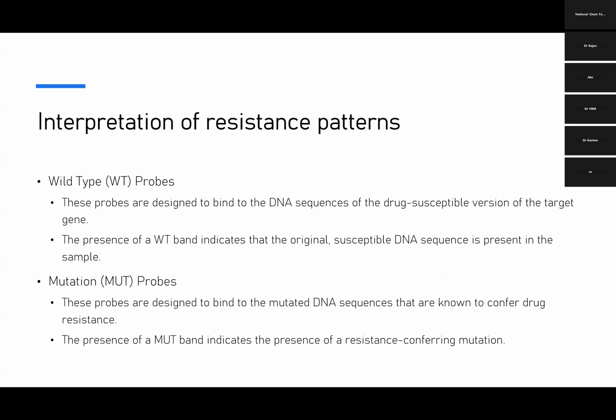Now, mutation probes are designed to bind to the mutated DNA sequences that are known to confer drug resistance. So if the MUT band is present, it indicates that the resistance-conferring mutation is present. So if WT probes are present, it means that it is sensitive, and if the MUT probes are present, it indicates that it is resistant.